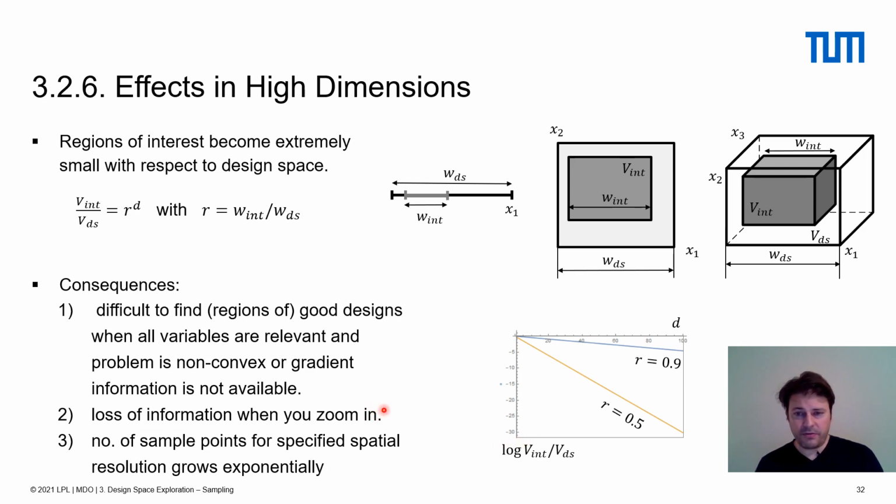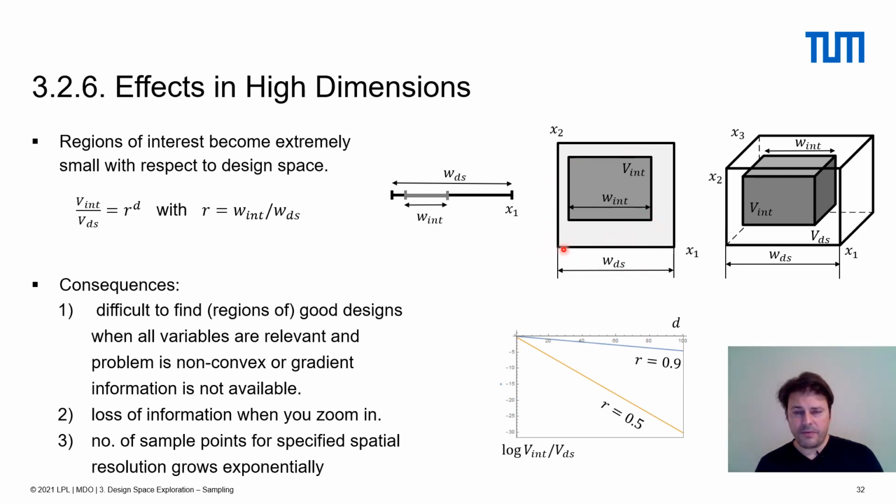Another consequence of this effect is that whenever you establish information about the entire design space, like relevance of design variables quantified by sensitivity measures, for example, you lose all of that when you zoom in a little bit.